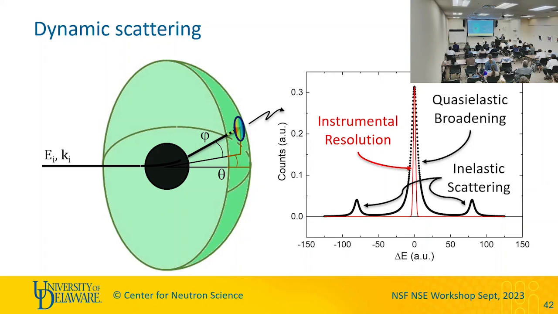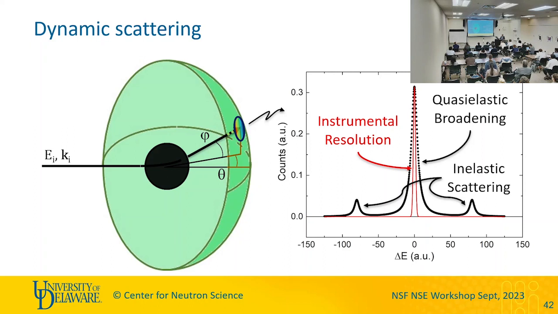That's what we call the instrumental resolution. It is the response of your instrument to something that doesn't move. That is very important because it limits the range of dynamics that you can probe. So remember, instrumental resolution.